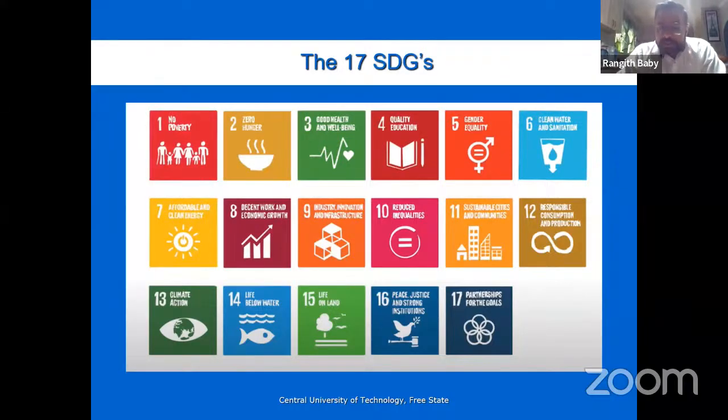Each of these SDG goals is subsplit into targets and implementation means, which are then assessed on a yearly basis to see what progress we are making in this regard.